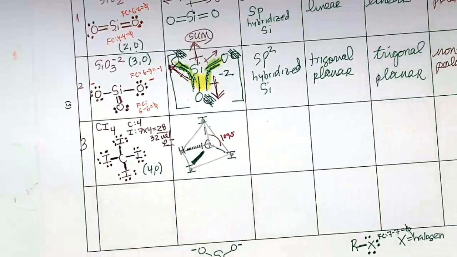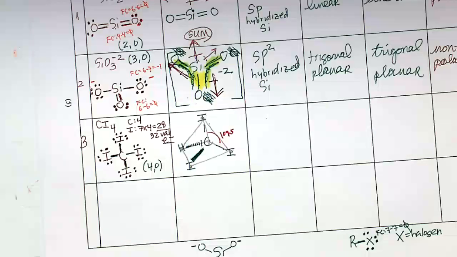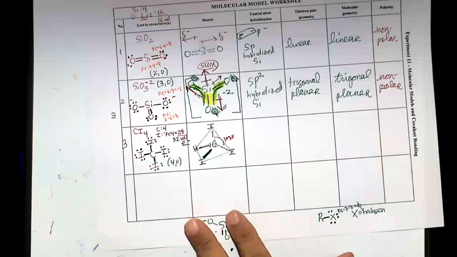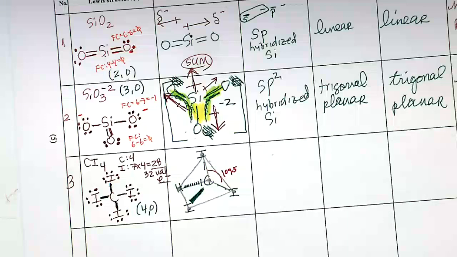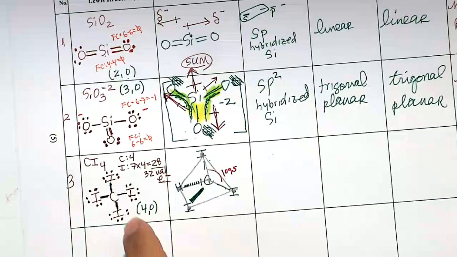Okay, if you connect the centers, it looks like a nice tetrahedron. All right, how will we get to 4 and 0? How many bonds and how many lone pairs? 4 bonds, 0 lone pairs. And what is that?